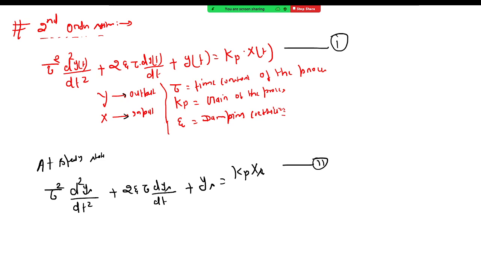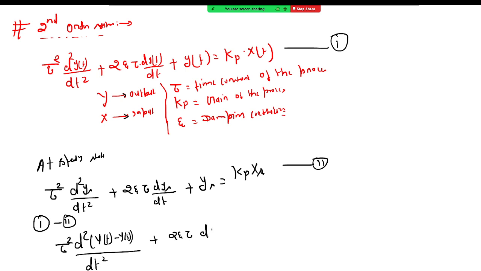This one is your equation second. So if I subtract equation first minus second, can I write that tau square d2 (y(t) minus ys) divided by dt square plus again 2 zeta tau d (y(t) minus ys) divided by dt plus (y(t) minus ys), fine, that is equal to Kp into (x(t) minus xs).